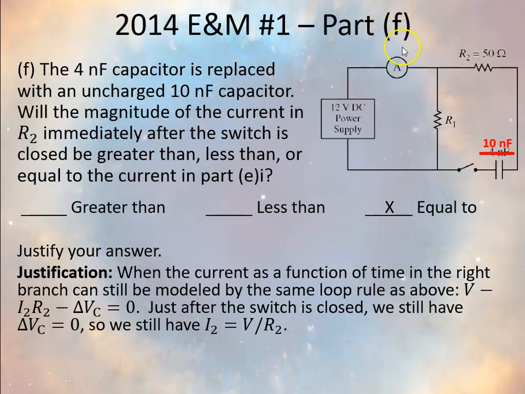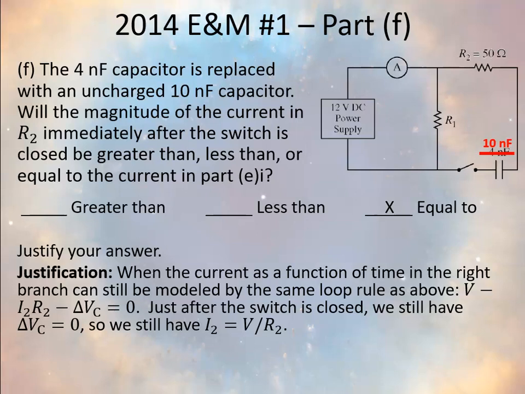It required students to use data to make a graph of current versus voltage to determine resistance, to solve a few simple loop rule questions, and then to answer and justify questions about capacitor charging behavior. And how well students performed, the average score on this was 9.78 out of 15 points. So that is quite a high average score.